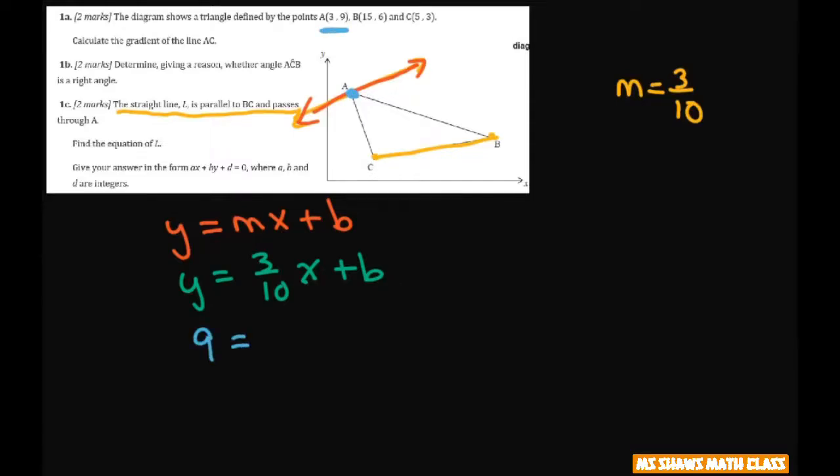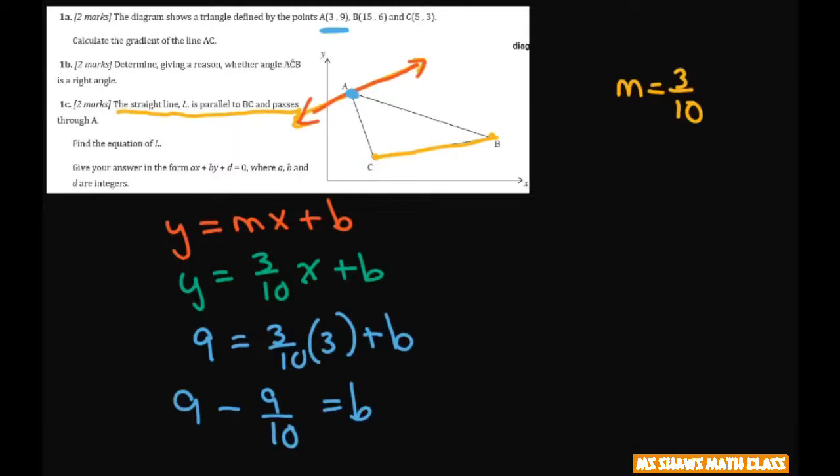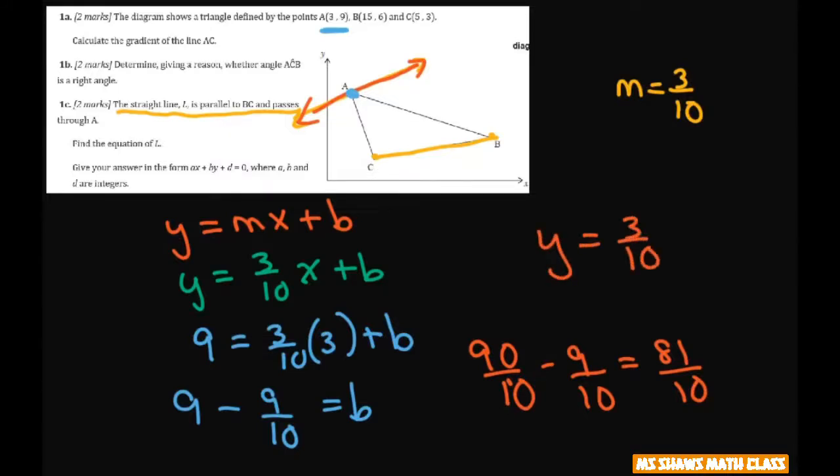So you get 9 equals 3/10 times 3 plus B. So that's going to give you 9 minus 9/10 equals B. You can just use a calculator on this, but this would be 90 divided by 10 minus 9/10, which equals 81/10 is B. So now that we have that, we have our equation as y equals 3/10 x plus 81/10.